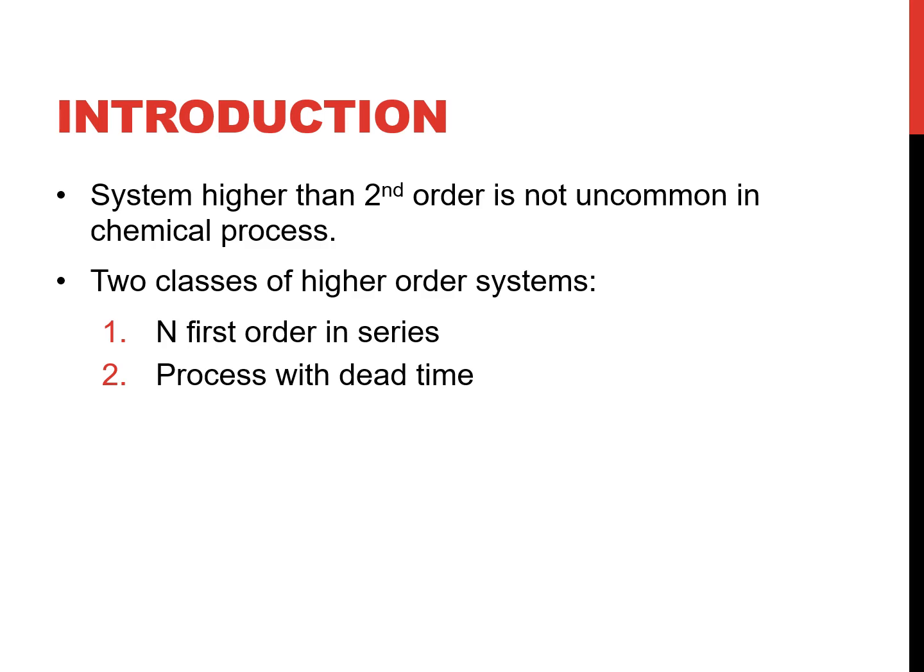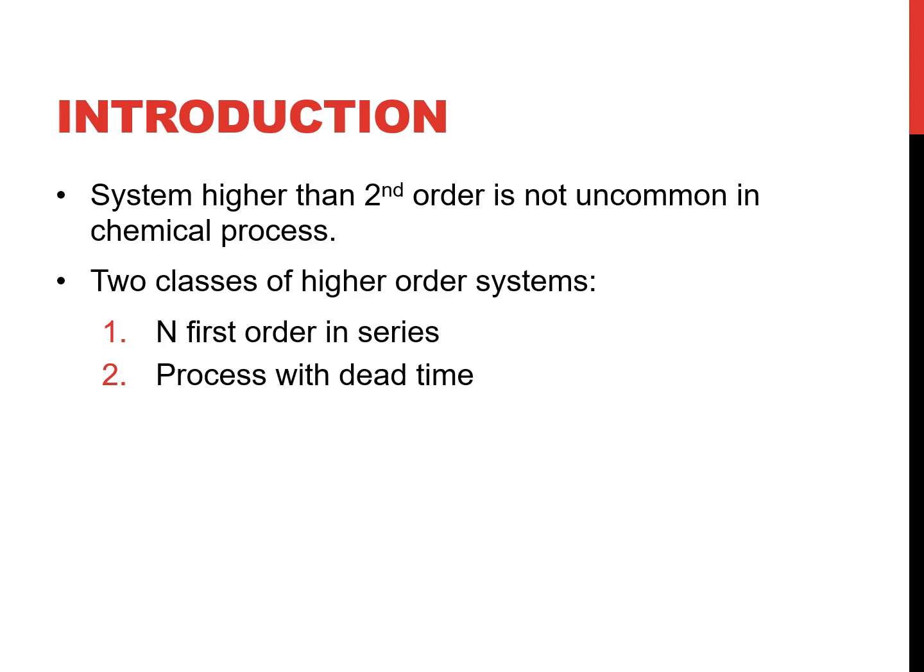In the chemical industry, usually you have multiple unit operations. That means you have more than one unit operation. So if we take into account the overall balance for the whole process, then it becomes more than one order. Usually for this part, we have two classes of higher order system, where the first one could be n first order systems in series.